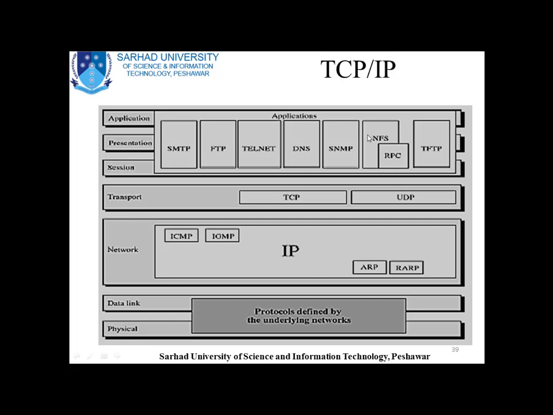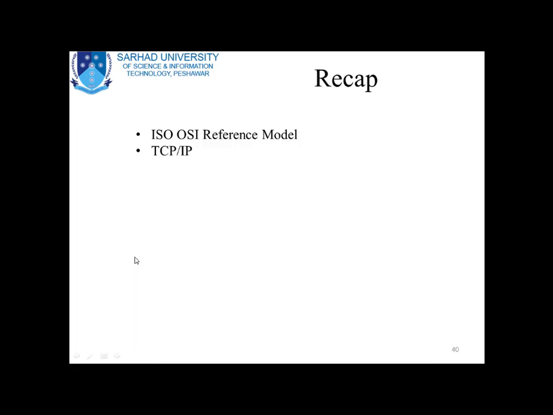The TCP/IP model consists of five layers: application layer, transport layer, IP layer, data link layer, and physical layer. The first three layers are combined into a single layer in the TCP/IP model, that is the application layer. The transport layer is kept as itself, and the last three layers were also kept as they are.